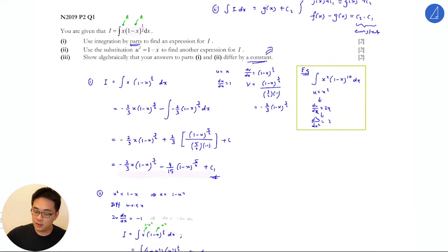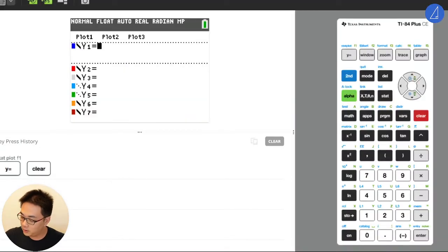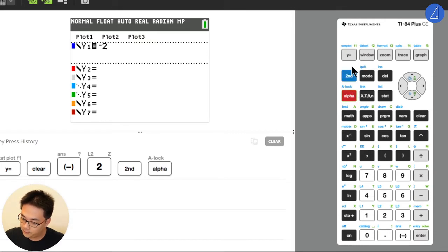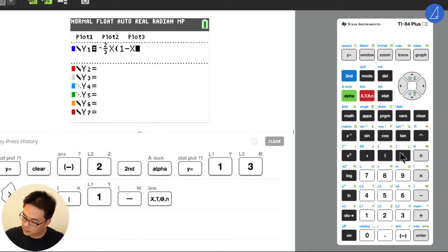So once we're done with that, I'm just going to key into the calculator here. I think we all know how to key into the calculator, so I'm going to leave all this to you. So I'm going to key this one here, x, then minus 4.